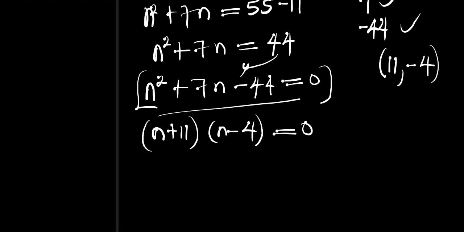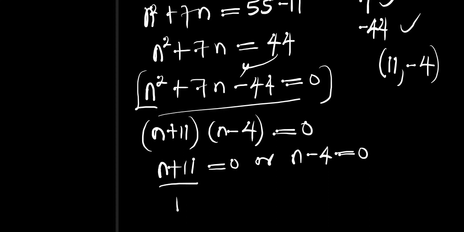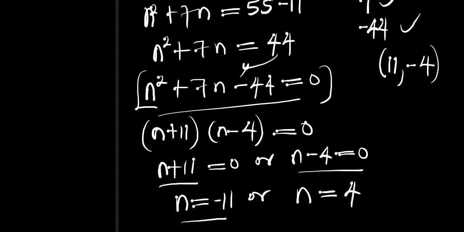So from here we have n plus 11 equals 0, or n minus 4 equals 0. If n plus 11 equals 0, we have n equals negative 11, or if n minus 4 equals 0, we have n equals 4. But there is no way n will equal negative 11, so we are not going to make use of this. This is the only real solution for now.